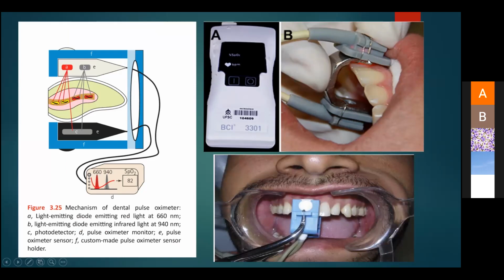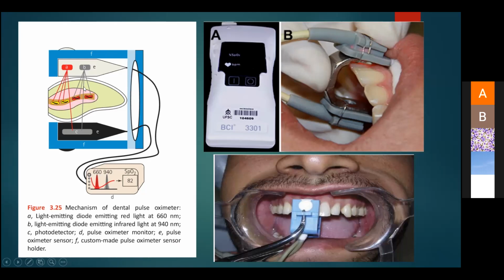You can see here. It's applied over the tooth and a receptor on the other end. So these diodes consist of a light emitting diode which emits red light, and then one more light emitting diode which emits infrared light. These lights are passed from the diode towards the tooth structure, which goes inside the enamel and the dentine.